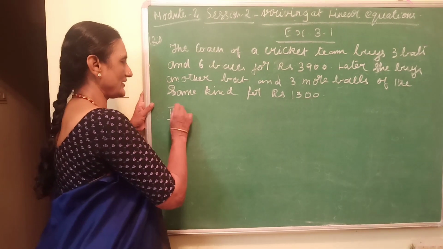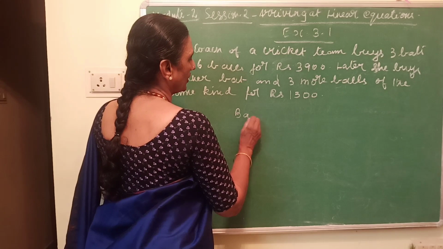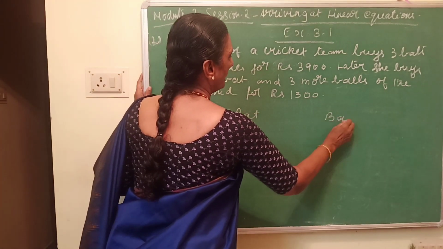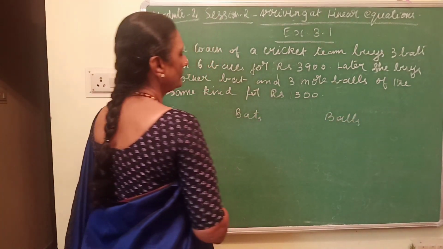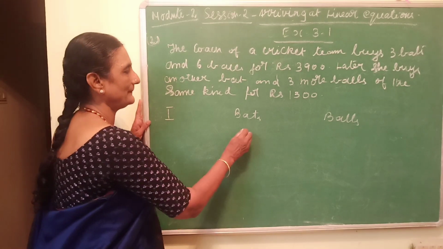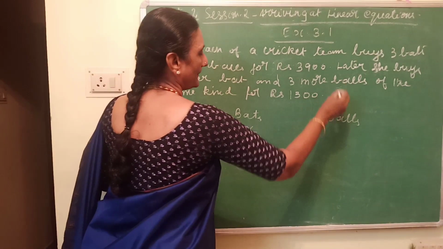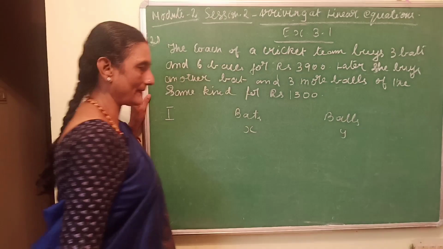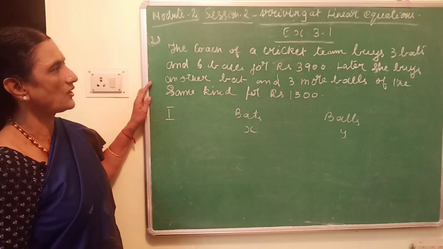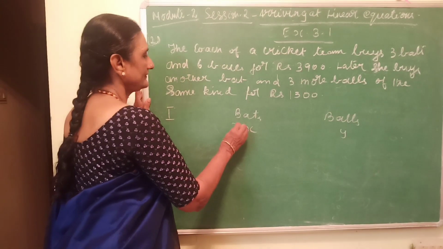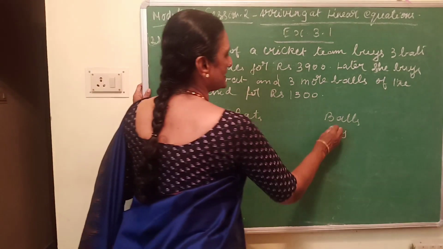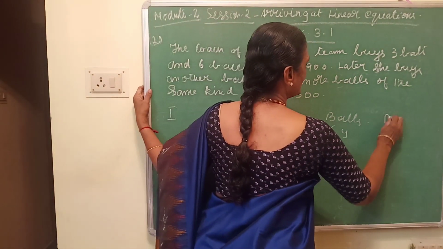So for the first situation, we can have 2 columns, bats and balls. Let the price of one bat be X and the price of one ball be Y. In the first situation, how many bats has she bought? 3 bats and 6 balls. And what is the price she has paid?